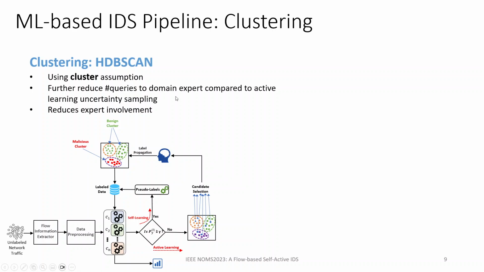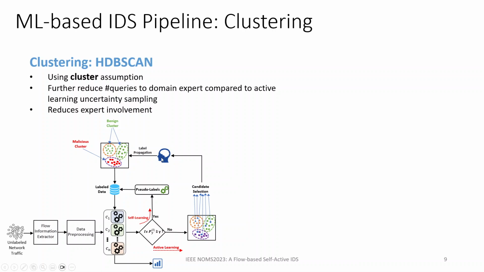assumption. The cluster assumption says that two samples in one cluster have similar or identical labels. So before we query those uncertain samples from the human expert, we cluster them into different clusters, and we just choose some candidate samples from each cluster and query only those candidates.